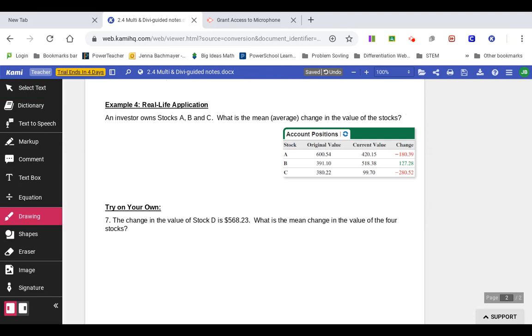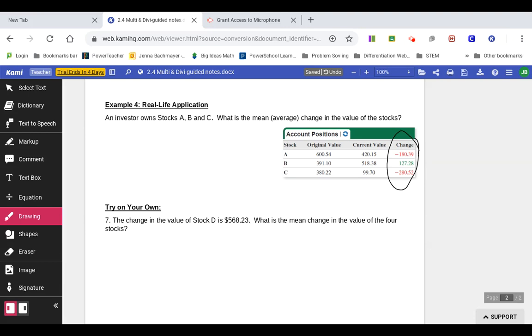Real-life application example 4. An investor owns stocks A, B, and C. What is the mean or the average change in the value of the stocks? So we are looking over here at the change. So mean is when we add up all of our numbers and then we're going to divide by how many numbers we have.